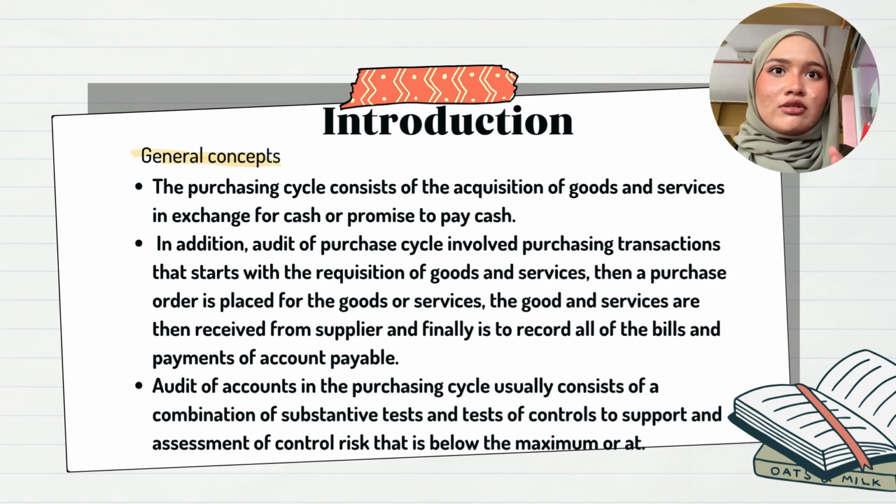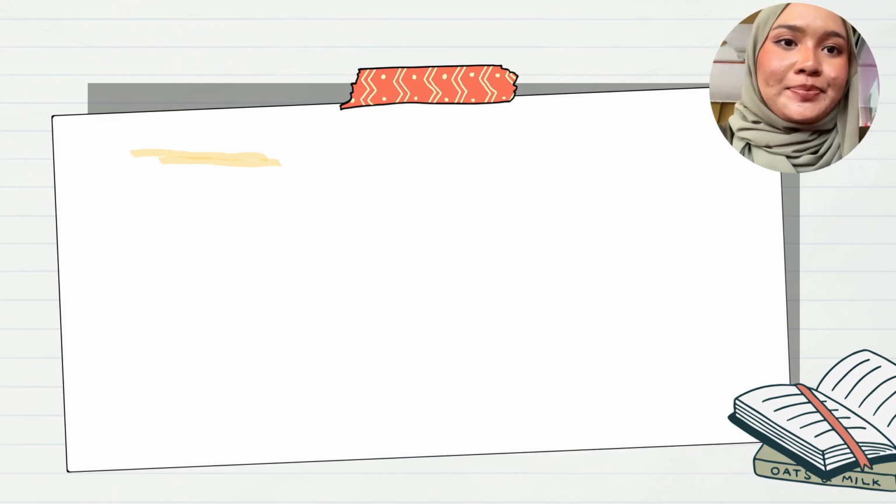Audit of accounts in the purchasing cycle usually consists of a combination of substantive tests and tests of controls to support an assessment of control risk that is below the maximum or at the maximum.